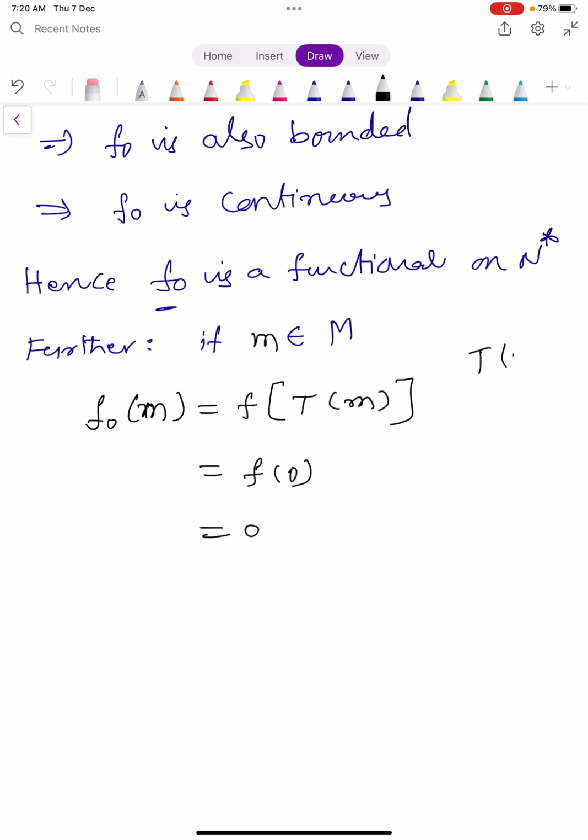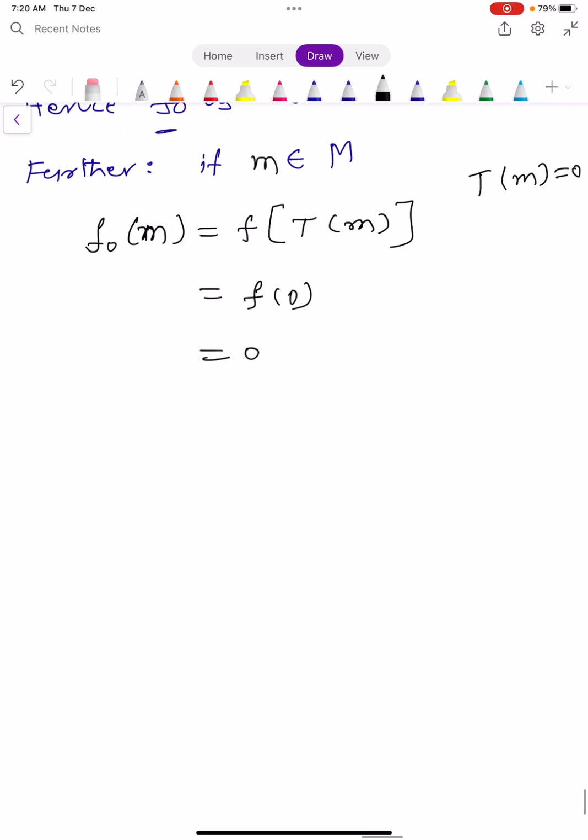Already we proved that T of m is equal to 0 for all small m. Hence, f naught of capital M is equal to 0 for all small m belonging to capital M, where capital M is a closed subspace of capital N.